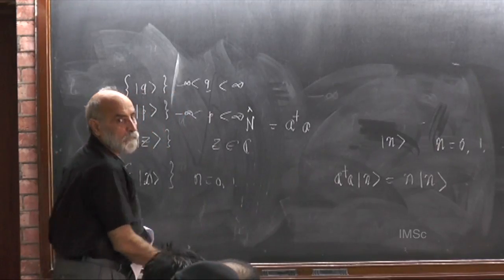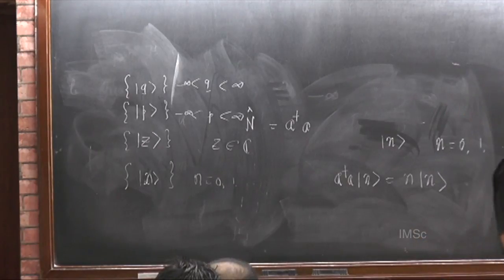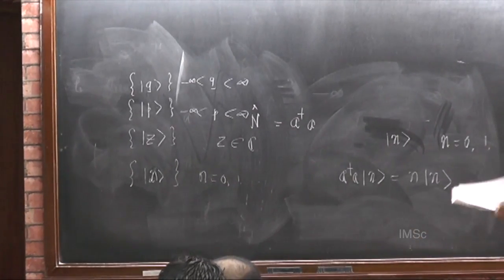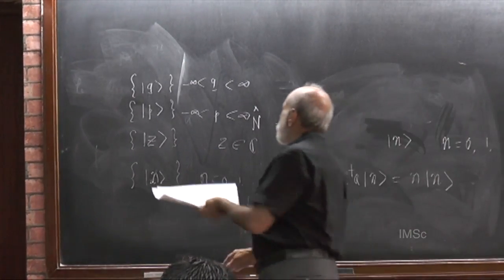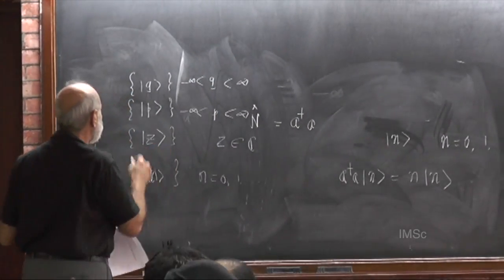So, these are various operators that you can build from q hat and p hat. We have looked at operators q hat and p hat, and so far the operators are linear in q and p.